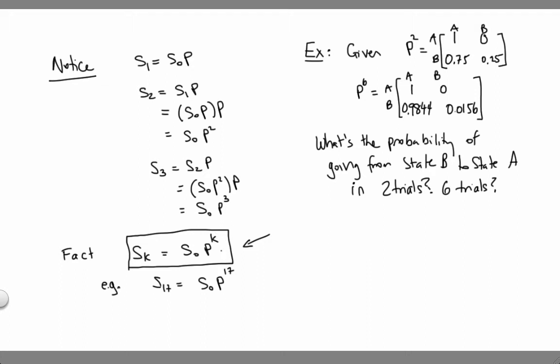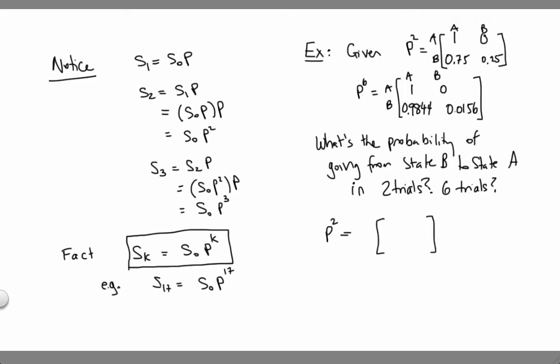P to the K is going to describe how you move from your starting state to your state, K states into the future. So if you want to know what's happening over 2 trials, the answer is look at the matrix P squared. P squared is encoding what's happening over 2 trials.